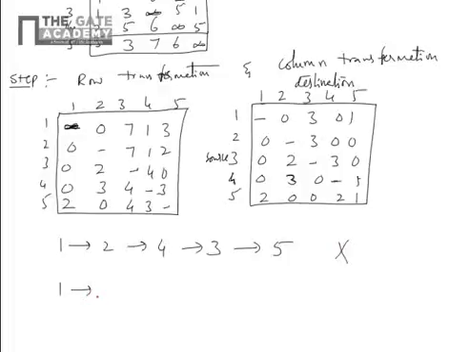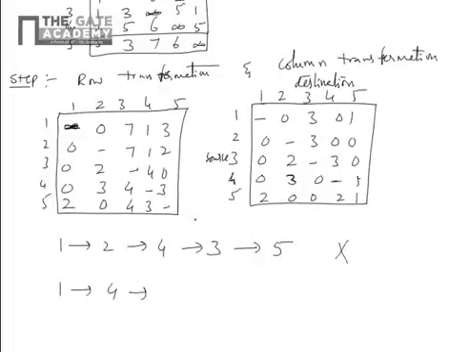Start at 1, go 1 to 4, because there are chances of 1 to 2 and 1 to 4. Wherever there is a 0 you can go. In the first row there is 0 at columns 2 and 4. We have tried with 2, now we will try with 4.